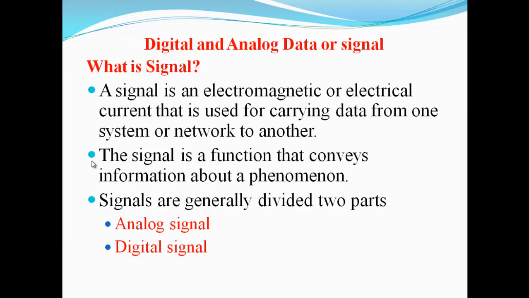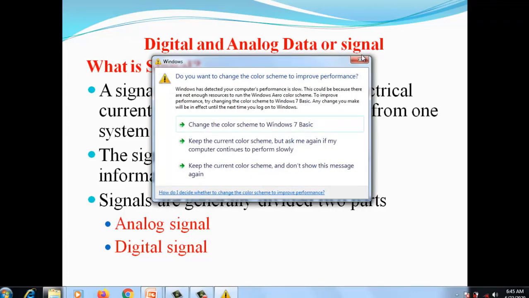A signal is an electromagnetic or a light wave that represents data. Signals are used to transfer data from one device to another device through a communication channel. What is a communication channel?